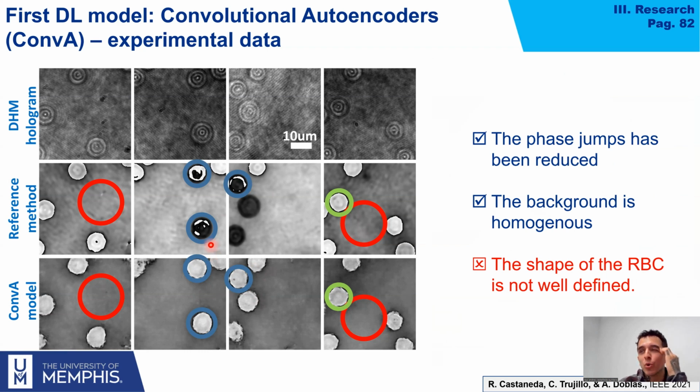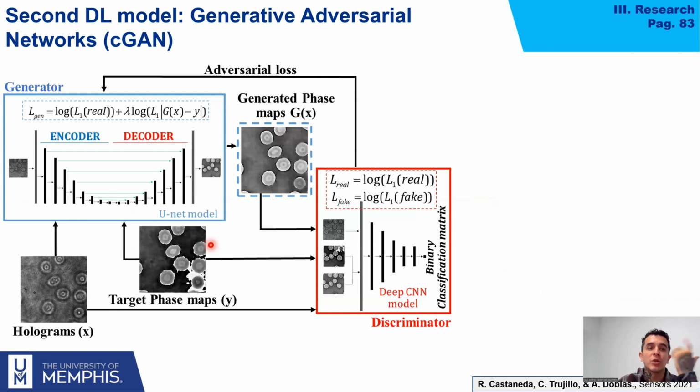Bearing in mind this problem, we thought, okay, we can use other deep learning models. For that reason, we thought we could use generative adversarial networks, GAN models. GAN models are composed of two parts, a generator and a discriminator.